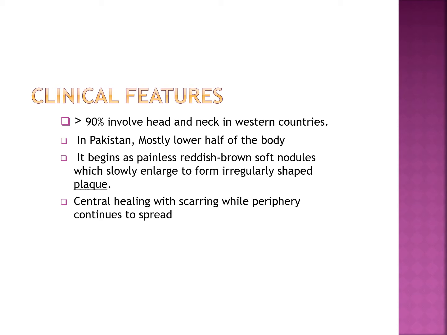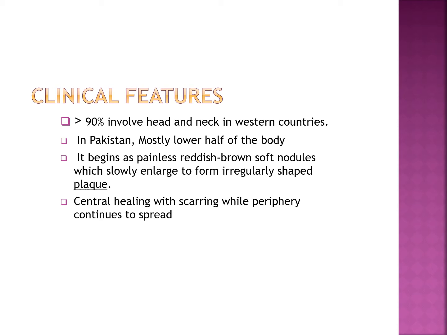Any patient complaining of a chronic lesion which is not very painful or almost painless and slowly growing with characteristic central atrophy, initially in the form of soft nodules which enlarge.